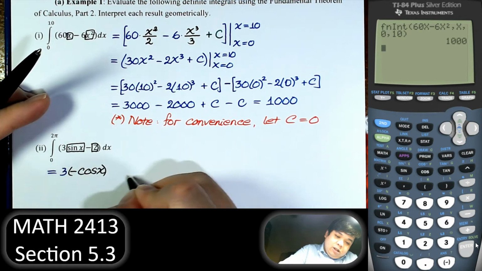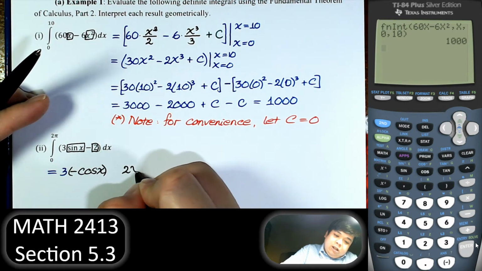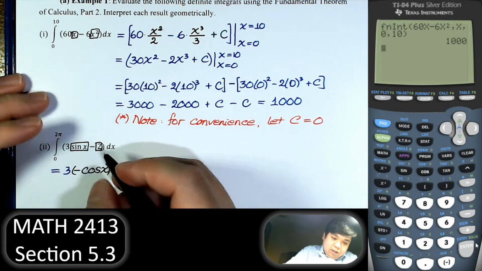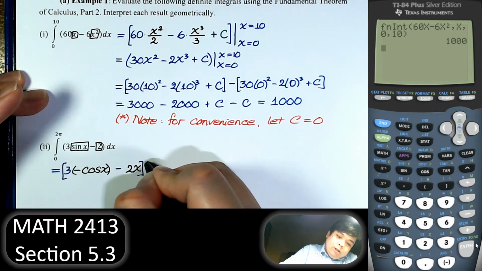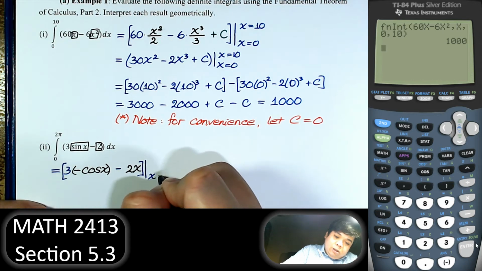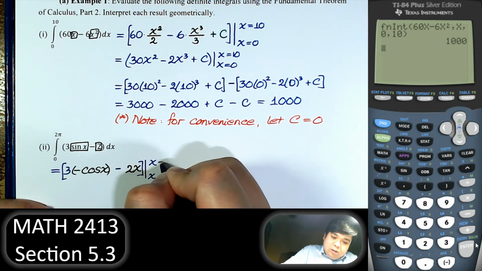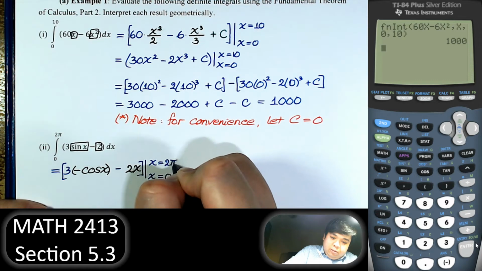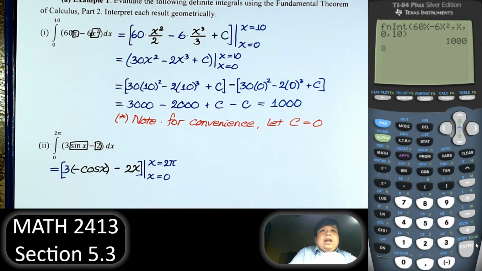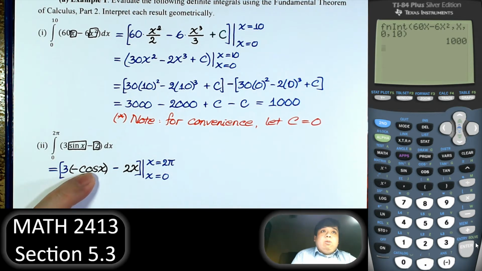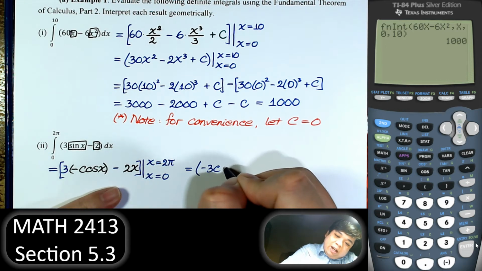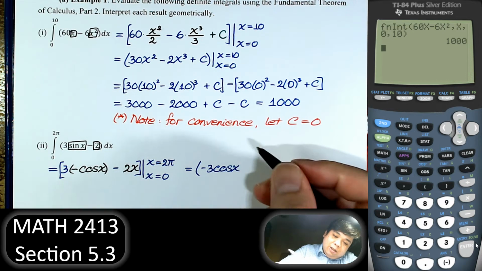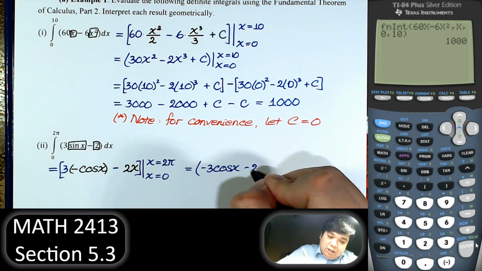Integral of a constant, we just multiply x to it, and we go from 0 to 2 pi. Let's just rewrite this first. Negative 3 cosine of x minus 2x.